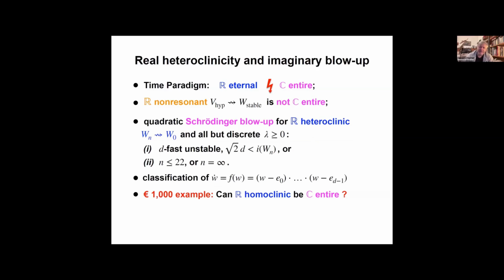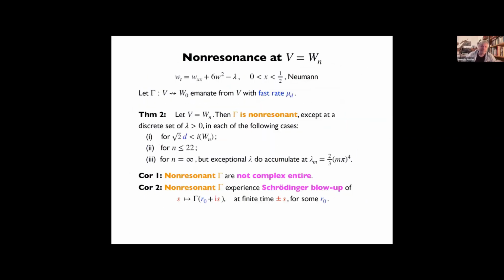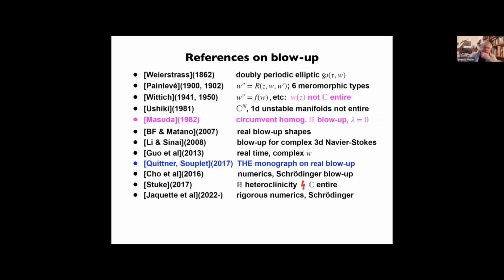Secondly, the quadratic model has been studied. Perhaps I should go to the references page. Yes. So there is Cho and others, but no, Zhongsheng Guo, 2013. Eiji Yanagida is also a co-author of this paper.